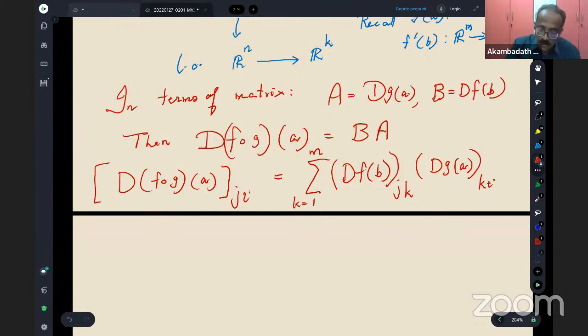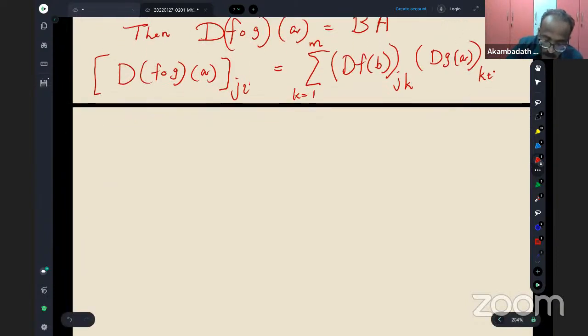So you see, you have all this data, the ij element is written. So this is the same, okay.